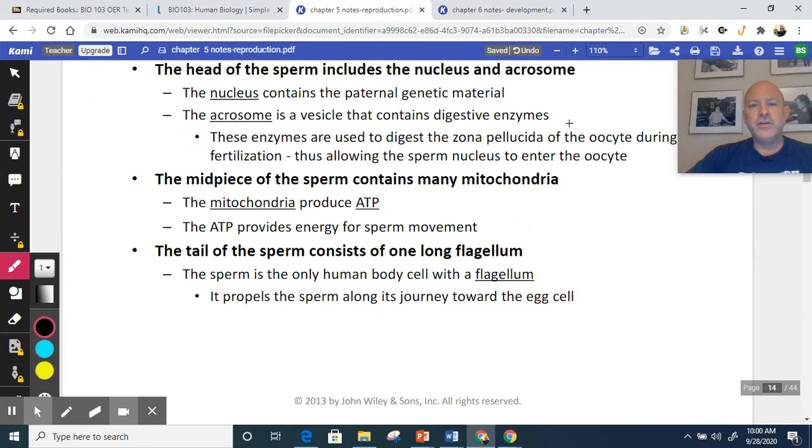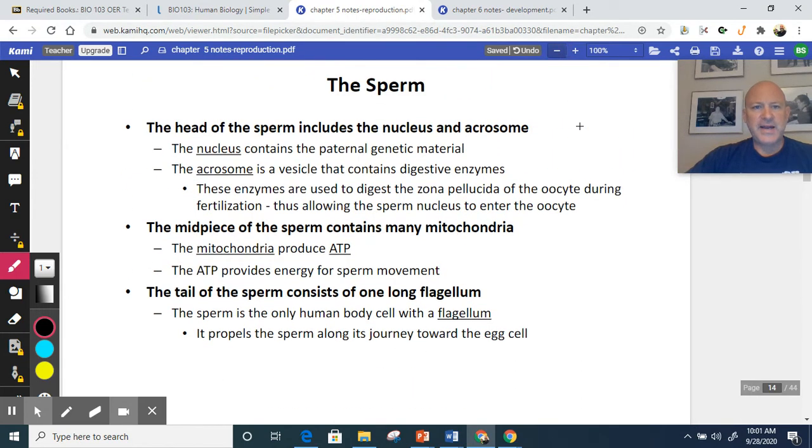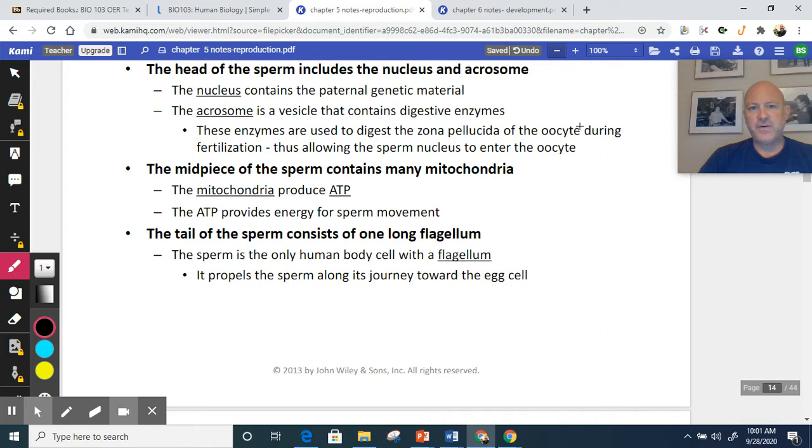If we were to look at the anatomy of the sperm cell, we have a head, and it's in that head that we have the DNA or the genes, the genetic material, in something that's called a pronucleus. On the head, there is an acrosome, like a little cap. And inside this acrosome, we have digestive enzymes packed in here.